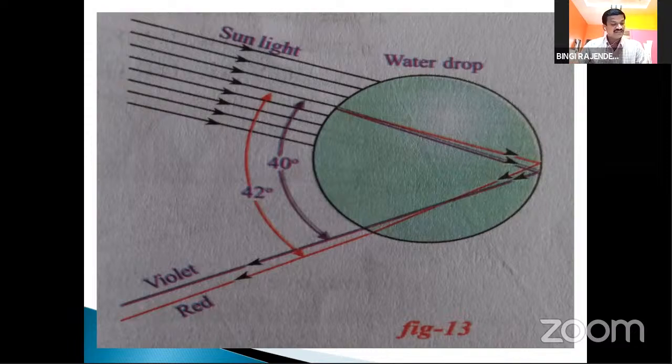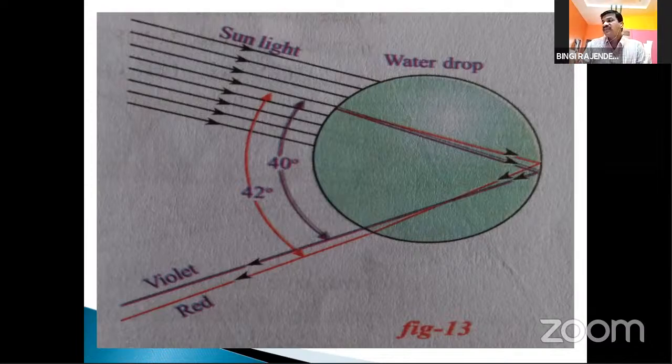The angle of incidence and the angle of refraction are different. When the angle of refraction is 40 to 42 degrees, we can observe the red color. We can see this red to violet color, the dispersion of light.